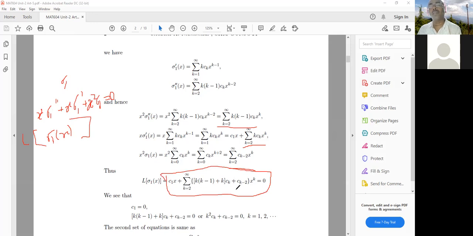Yes, and as this sigma 1 is a solution, this is 0. That implies the sum of these two terms is 0. And when this will be 0, if C1 is not 0, x can be 0, and therefore if C1 is 0, x cannot be 0, and therefore C1 of x, this term is 0.